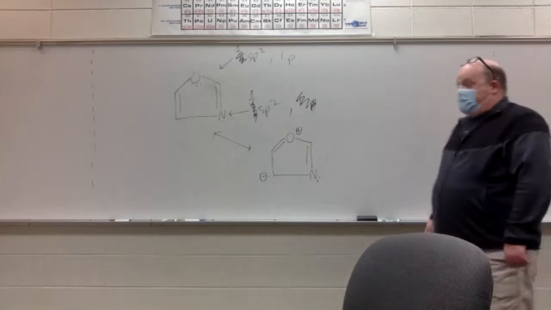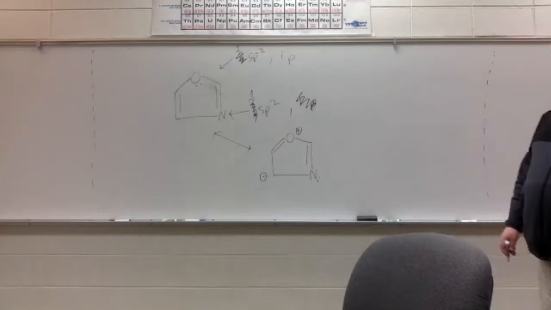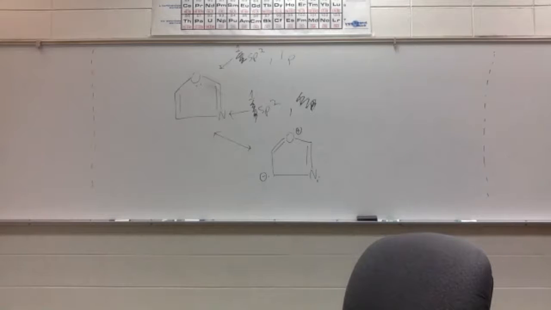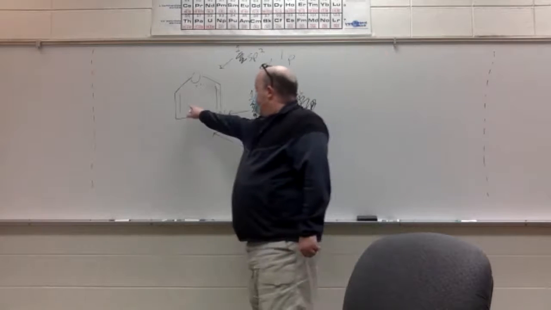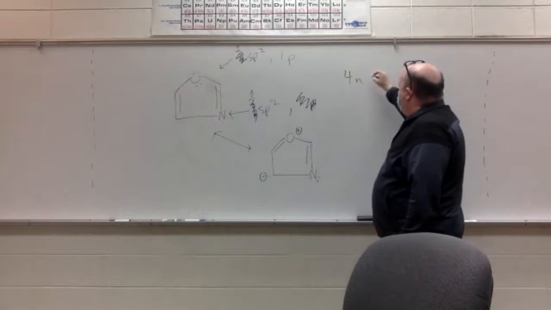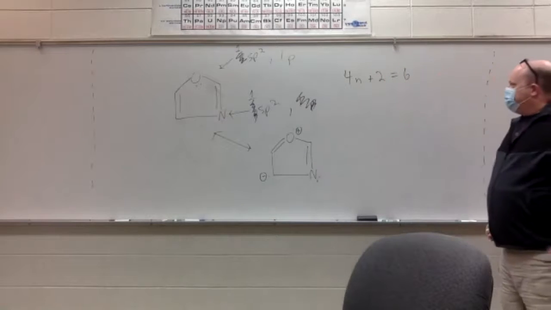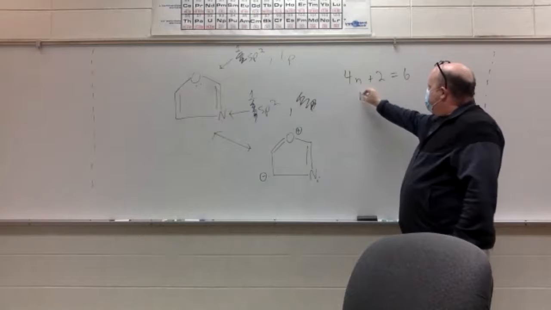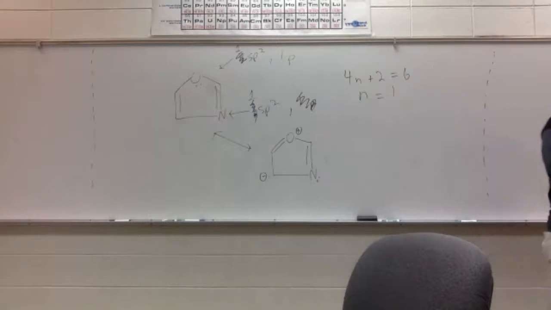All right. Now the last thing you do is your Huckel calculation. How many total pi electrons do we have now? We have 6. 2, 4, 6. All right, if we try the aromatic formula, 4n plus 2 equals 6. Remember, n has to be a whole number. If you do some algebra, you'll see that n equals 1.